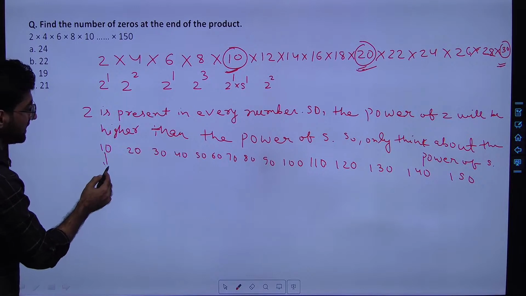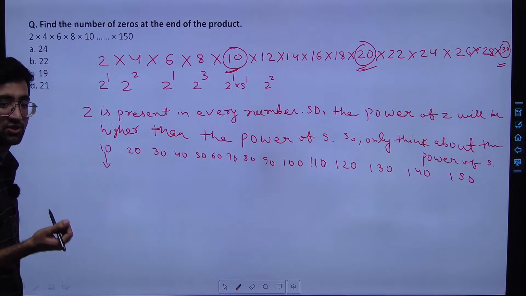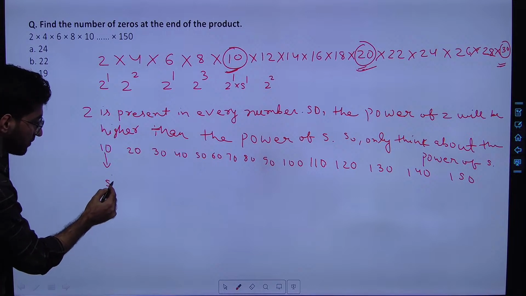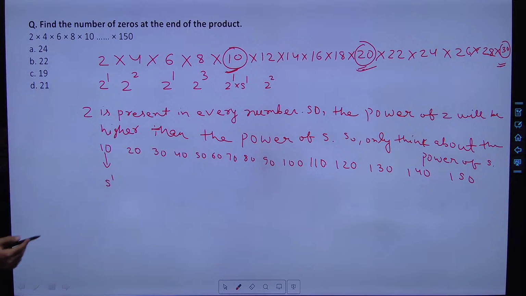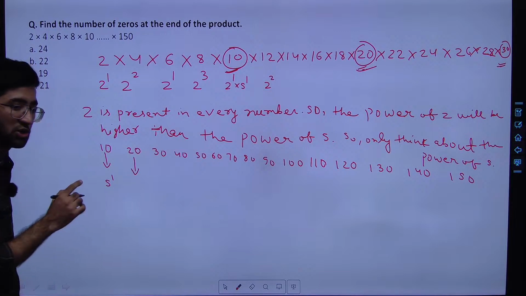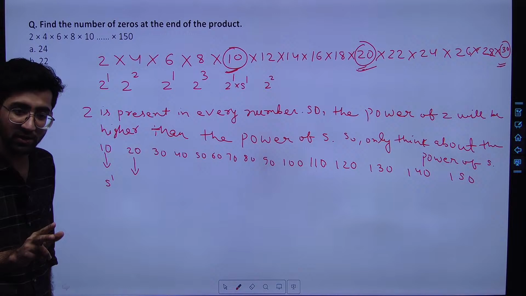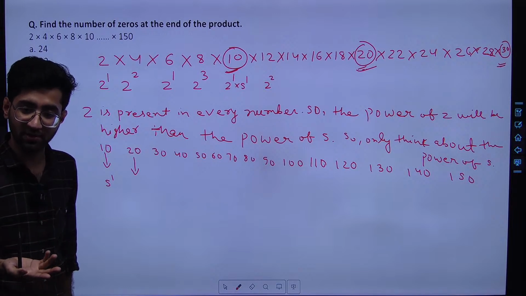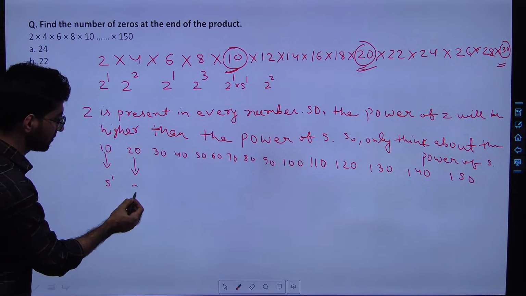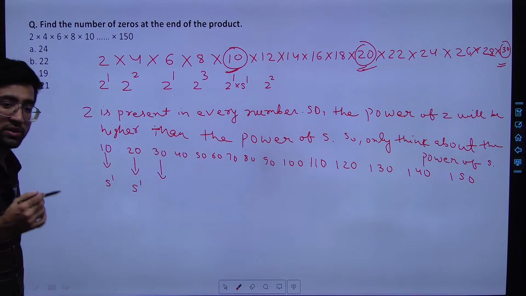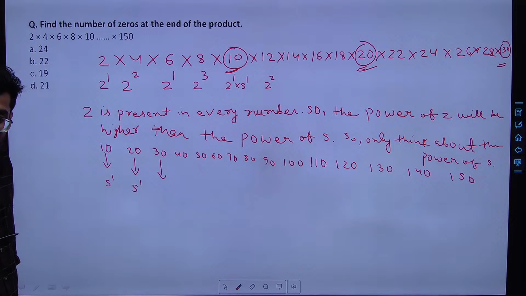So 10 you can write as 2 into 5, so basically there is 1 5 in 10. You can write 20 as 2 to the power 2 into 5 to the power 1. 2 to the power 2 will be 4 and 4 into 5 will be 20. So there is 1 5 in 20. You can write 30 as 2 into 3 into 5. 2 into 3 is 6, 6 into 5 is 30.